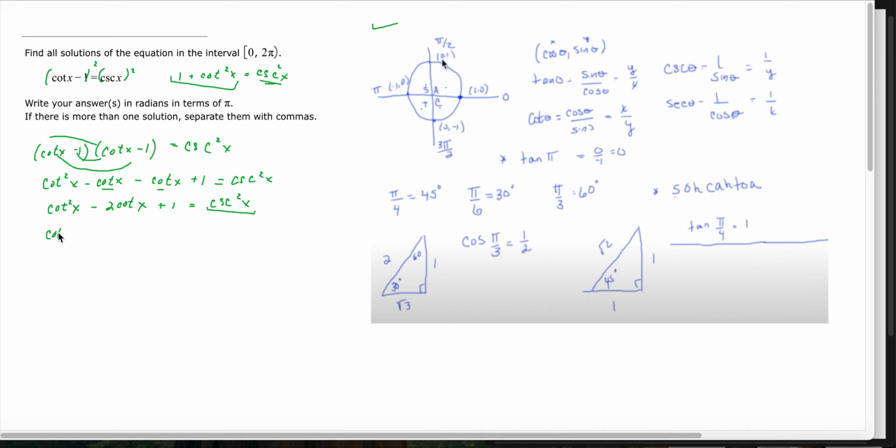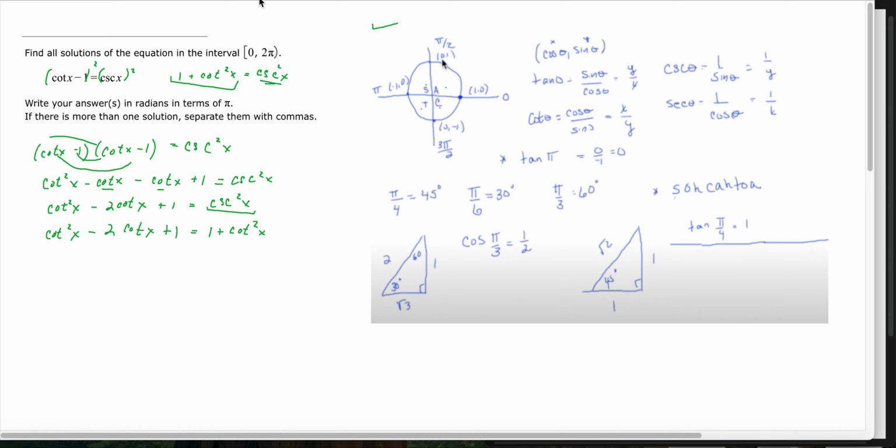So we have cotangent squared x minus 2 cotangent x plus 1 equals 1 plus cotangent squared x, making that Pythagorean identity substitution. So now I have this equation all in terms of cotangent. So I want to get everything to one side. Let's set this thing equal to 0 and see what we have.